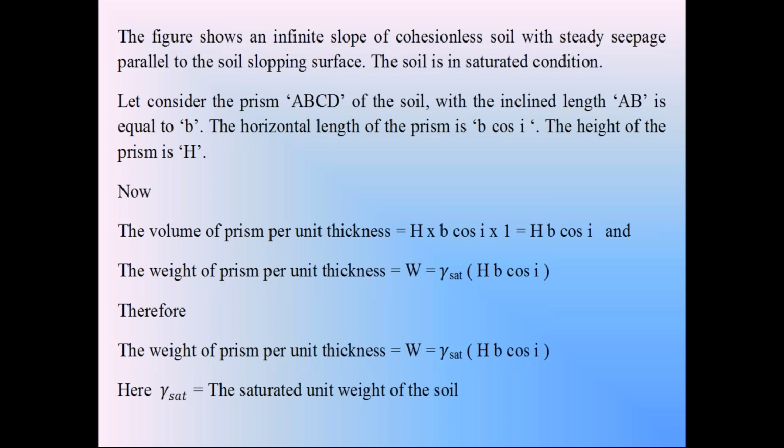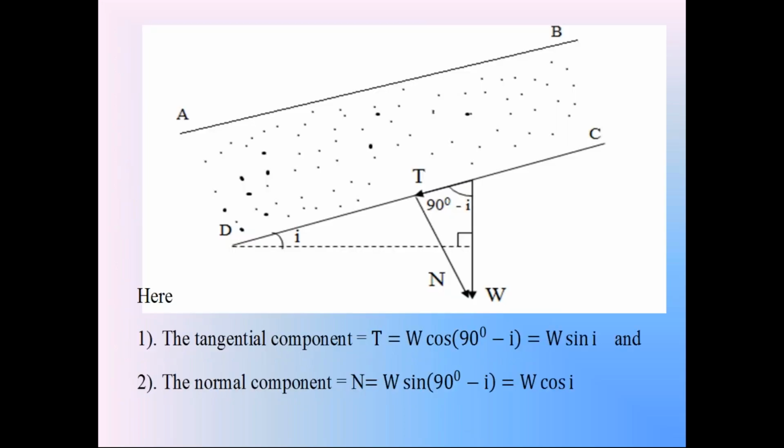We know that on the inclined plane CD, that is the failure plane, we resolve this weight W. The weight is acting vertically downward. On the plane CD, we can resolve this weight W into two components.